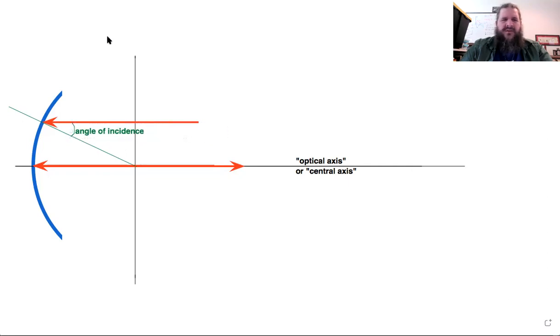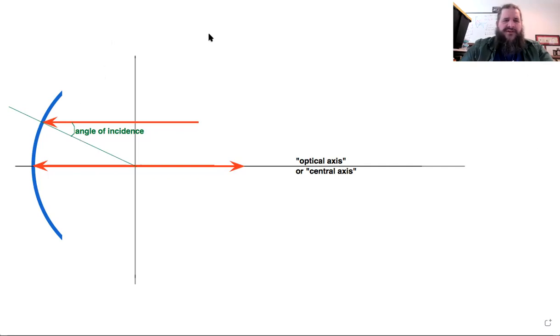And it's tempting to want to measure the angle that the ray of light makes with the surface itself. But mathematically, it turns out to be very inconvenient to try and define an angle between a line and a surface. It's much easier to define an angle between a line and another line. So if you create a line that's perpendicular to the surface, the normal line itself, we can define the angle between the ray of light and the normal line.